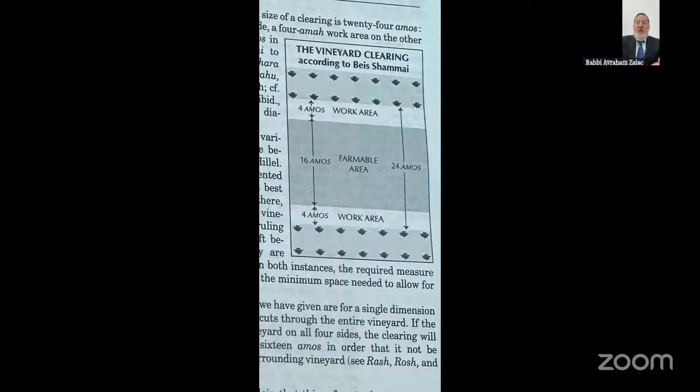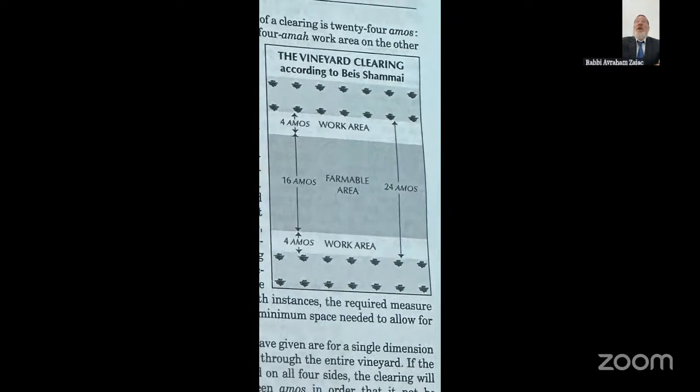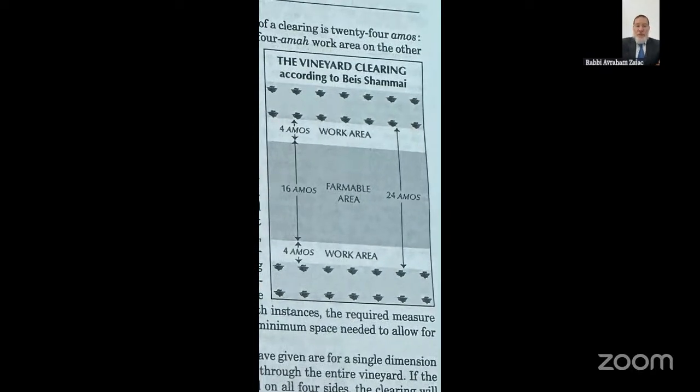If you look at the remaining kerem to the top, first of all, that's a vadai. You have to have 4 amos space, to avoid the space in which you can't plant anything. That's normal. If you look to the kerem in the bottom, the kerem in the south, you have to have from it going up 4 amos of empty avoid space, obviously, like the rule by any other kerem.